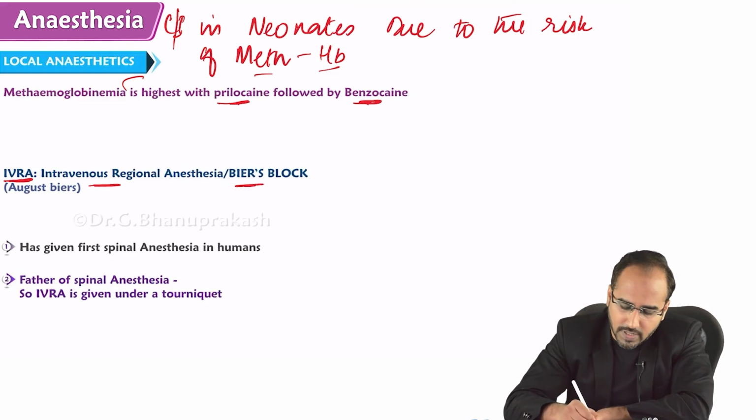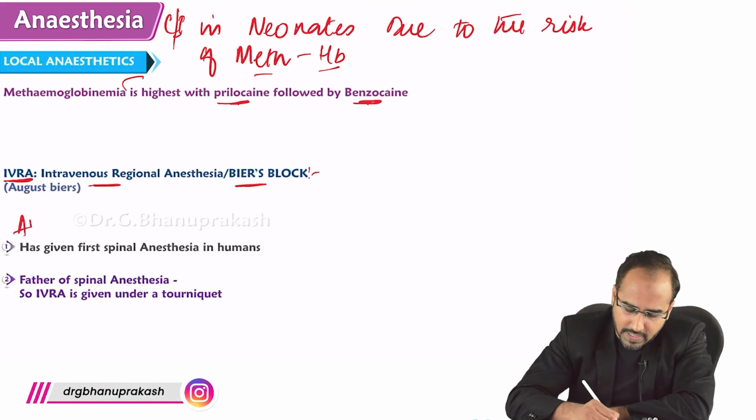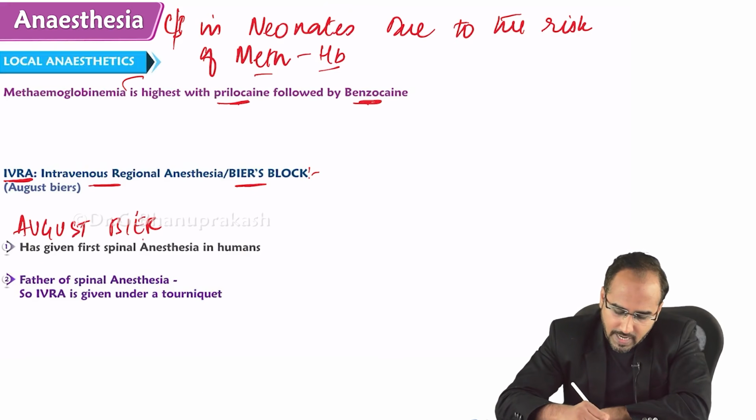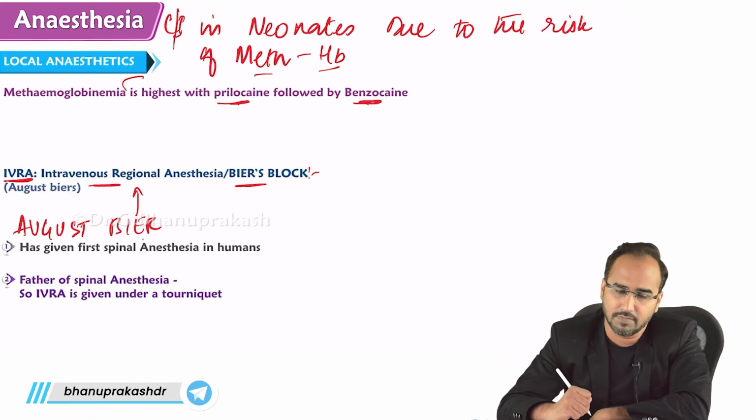August Baer has given the first spinal anesthesia in humans, and August Baer has given the first IVRA. Hence, this IVRA is also called Baer's block.